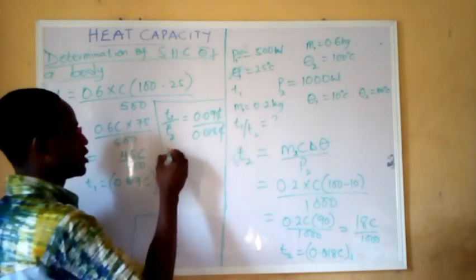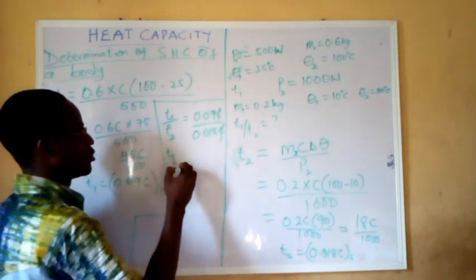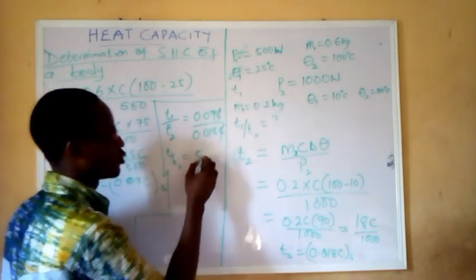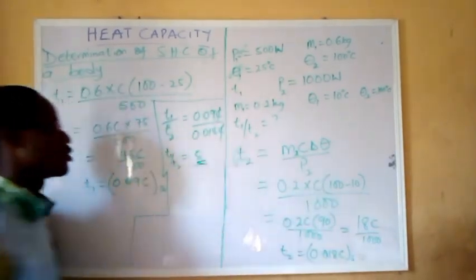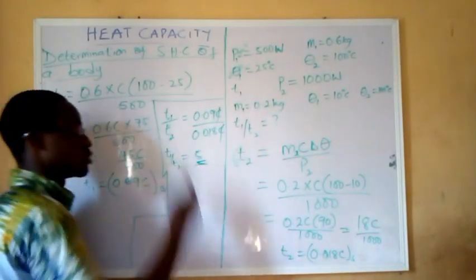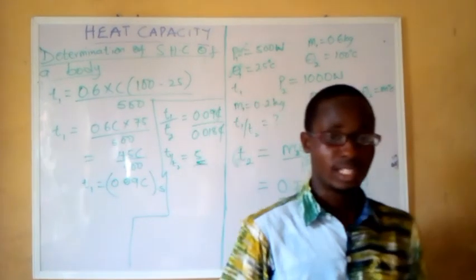So there we have T1 over T2, which is 5. Anyway, it's not going to have a unit because seconds will cancel seconds. I will not have anything else.